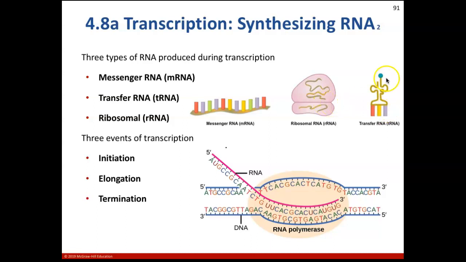And then we've got our transfer RNA, or tRNA, that would have the anticodon over here that would match up to messenger RNA and the attached amino acid.